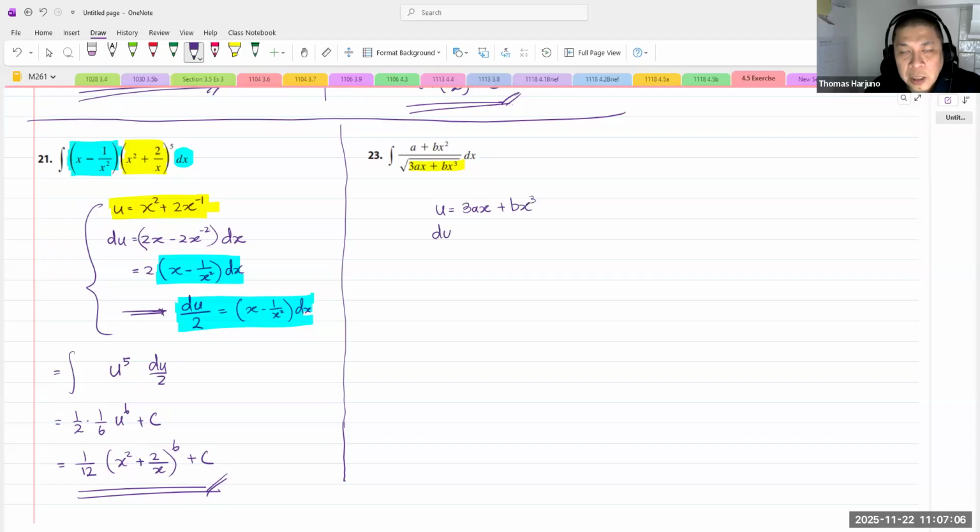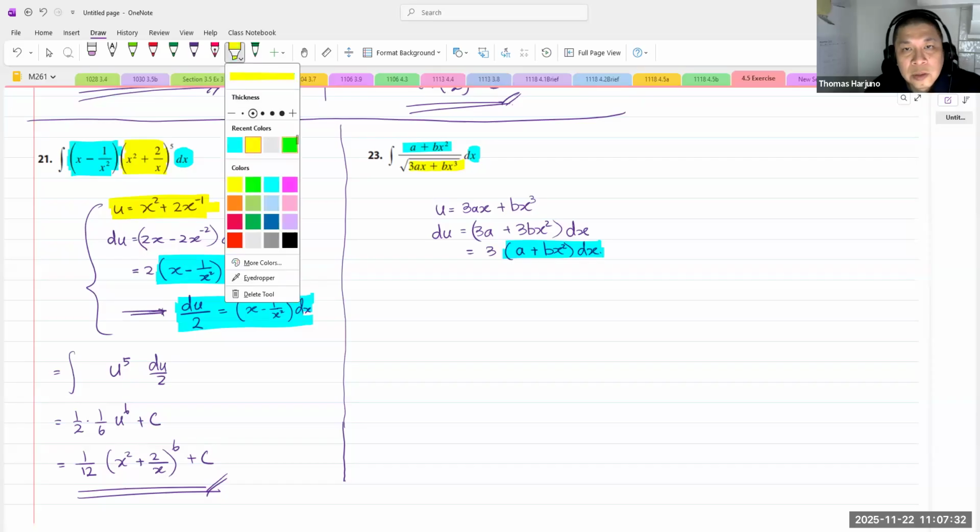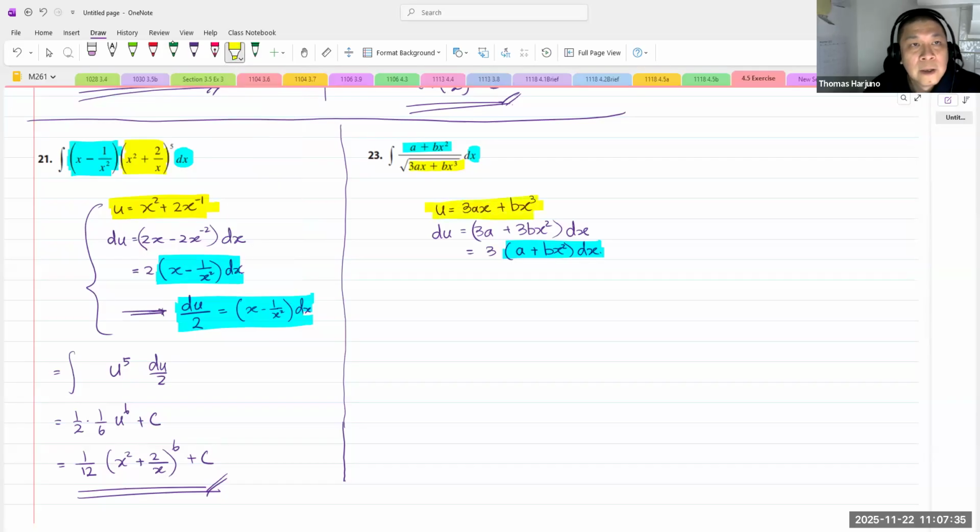If I differentiate, I will get 3a plus 3bx squared dx, which, when I factor the 3, looks like a coefficient we have on the top of that fraction tagging with dx. Do you see that?